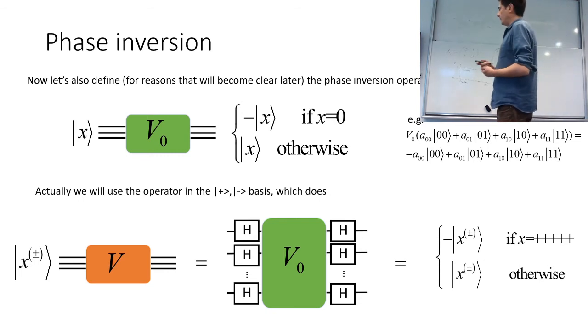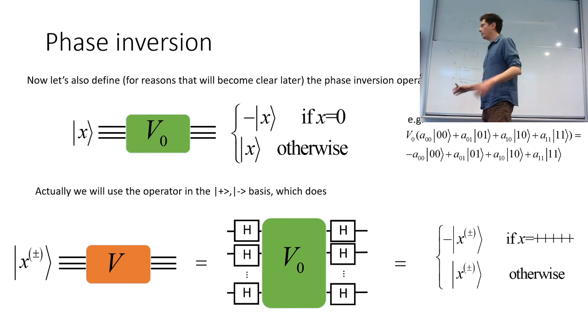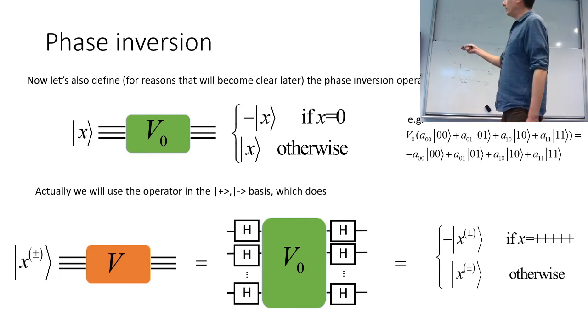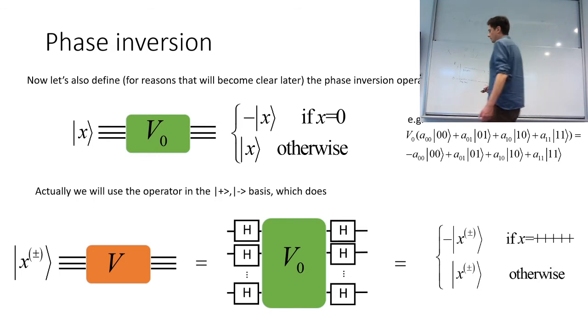But what we normally do is surround this thing by Hadamard gates, and basically what this does is change the basis of this whole operator. Over here we're just working in the 0-1 basis, which is usually called the computational basis because 0-1 is like the digital kind of basis.